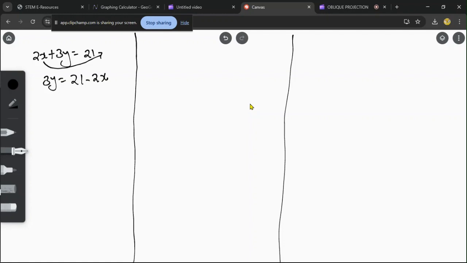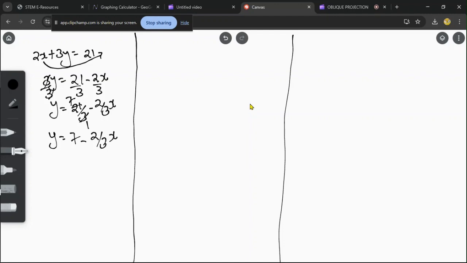So my answer will be y is equals to 21 all over 3 minus 2 all over 3x. But this one can be simplified by 3, 21 by 3 is 7. So the answer is y is equals to 7 minus 2 all over 3x.